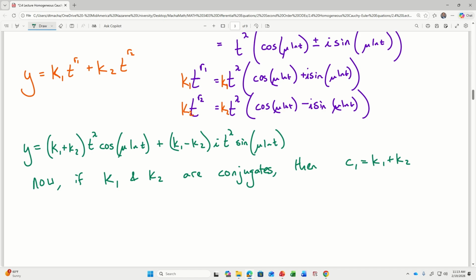And so if they have opposite sign on their imaginary parts, and I add them together, the imaginary parts are going to cancel. And so this definition of C1 is a real number. And C2 can be my constant k1 minus k2. And if these have the same real part, then subtracting them will get rid of the real part. But if they have opposite imaginary parts, then subtracting them is actually going to double the value of their imaginary part, right? And so this is a strictly imaginary number with no real part.